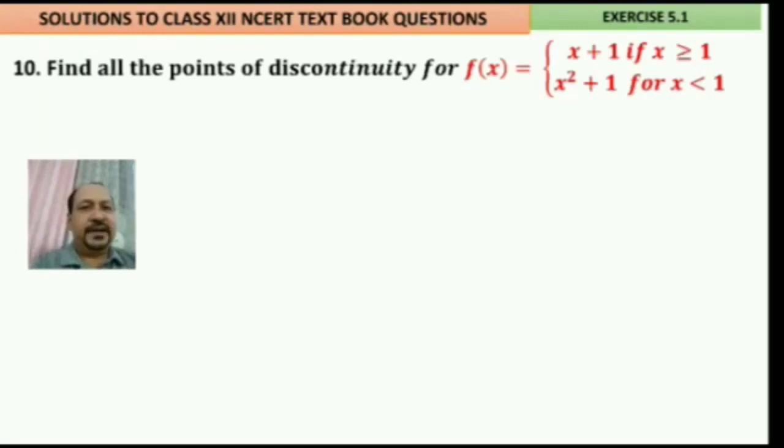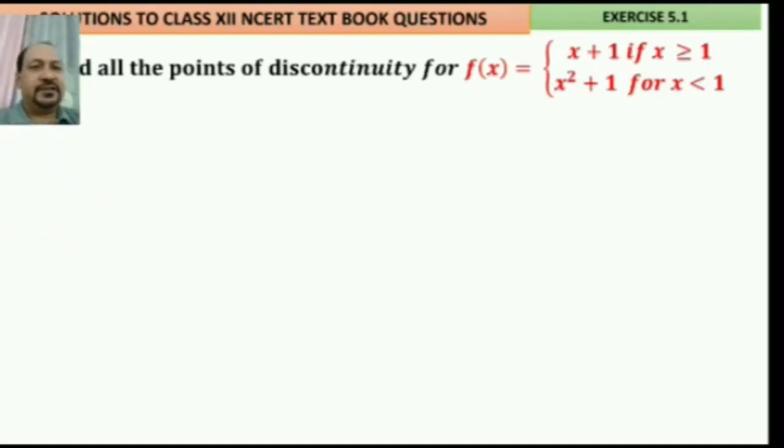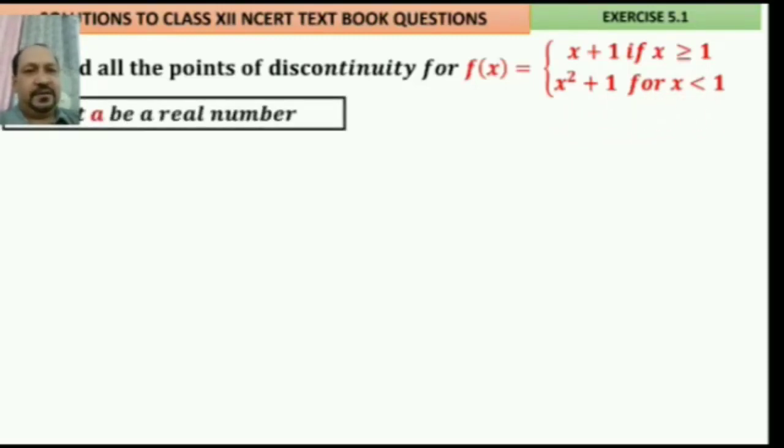Question number 10. Find all the points of discontinuity for f(x) equal to x plus 1 if x is greater than or equal to 1, x square plus 1 for x less than 1. So let a be any real number.